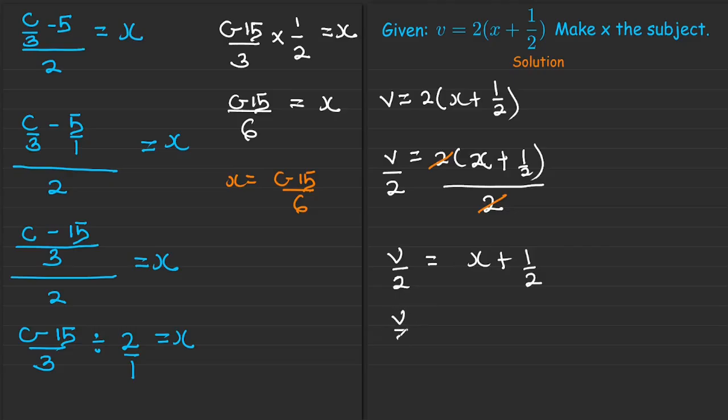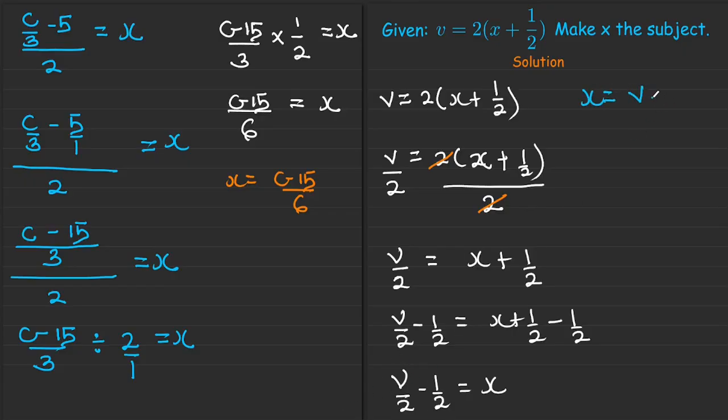We have v over 2 minus half, which would then be equal to x plus half minus half. So v over 2 minus 1 over 2 gives us an x, and that becomes our final answer. If you want to simplify further, you can just say your x is equal to, since both denominators are the same, v minus 1 all over 2. And this is our final answer.